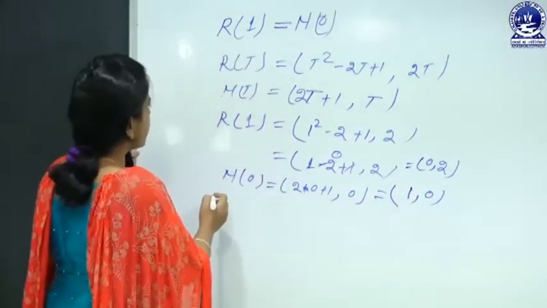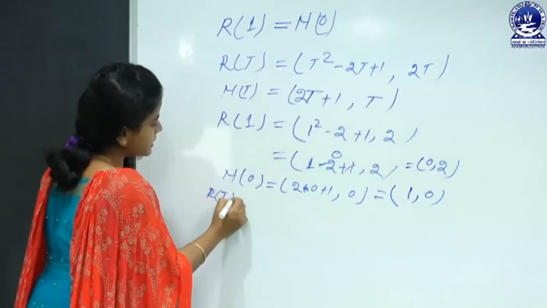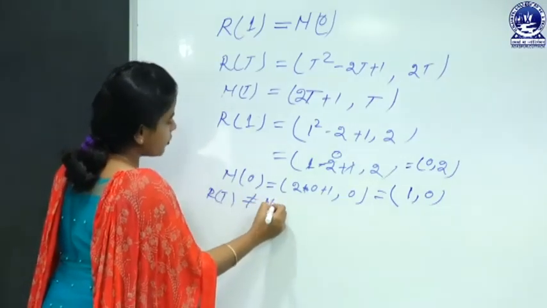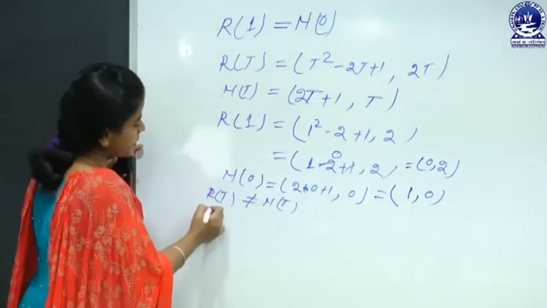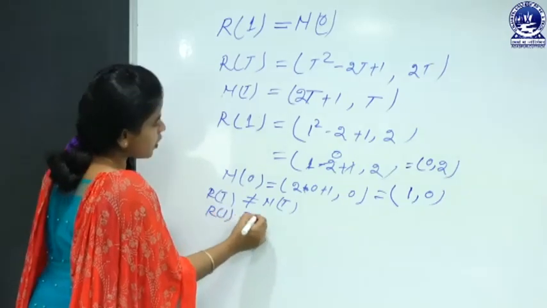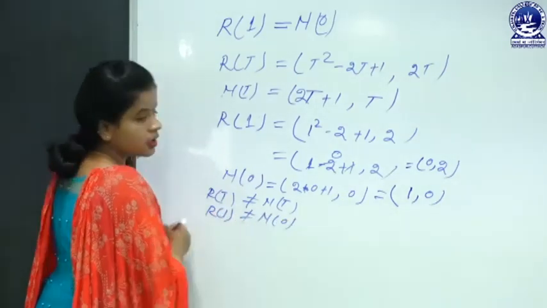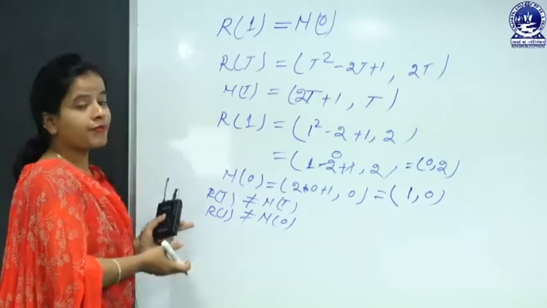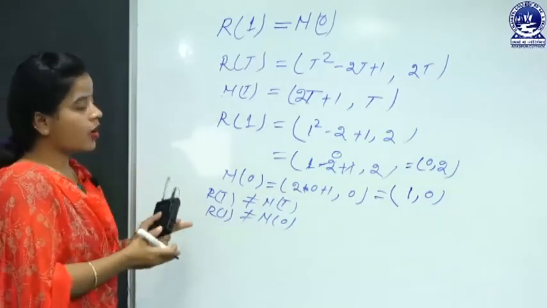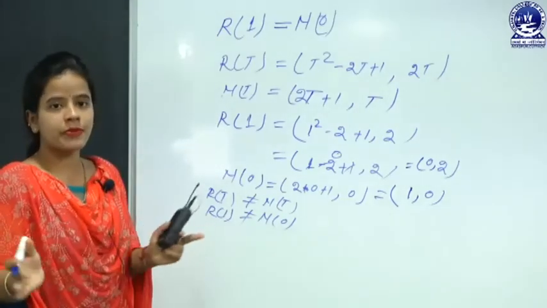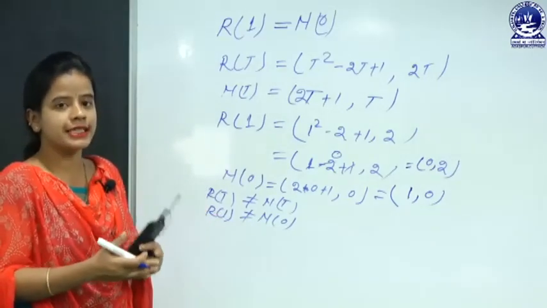That means r of 1 is not equal to n of 0. So the given curve cannot be continuous in nature. That means it cannot be interconnected with each other.